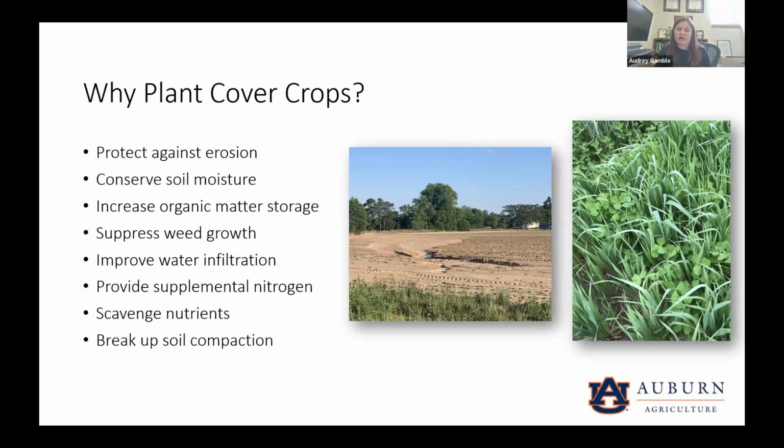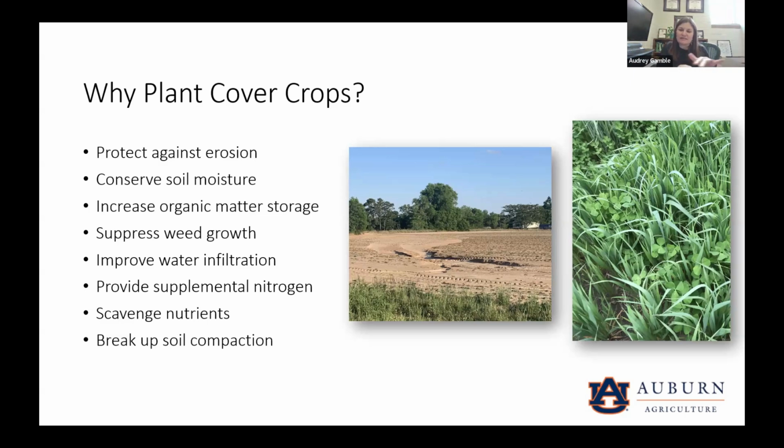So different cover crops are going to be more beneficial for certain functions. So for example, if we look at the benefit of suppressing weed growth or conserving soil moisture, for those 2 benefits, we really want to have a long lasting residue on the soil surface. So something like rye or oats or sorghum Sudan grass, if we're talking about a summer cover crop, those have a high amount of carbon compared to nitrogen.